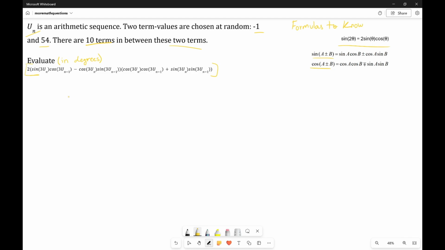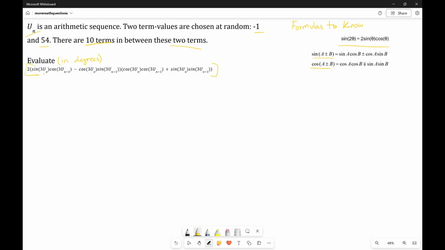First, I want to try simplifying this expression a little bit, and then let's see what we get from there. We have sine 2 times sine 3un times cosine 3un minus 1 minus cosine 3un sine 3un minus 1, times cosine 3un cosine 3un minus 1 plus sine 3un times sine 3un minus 1.